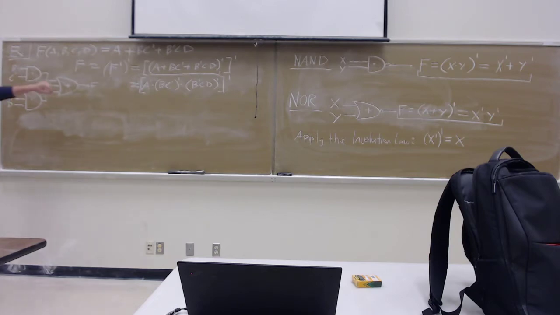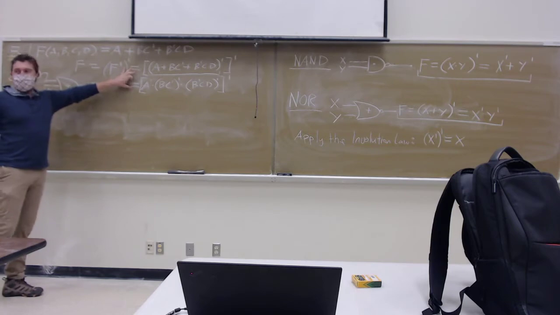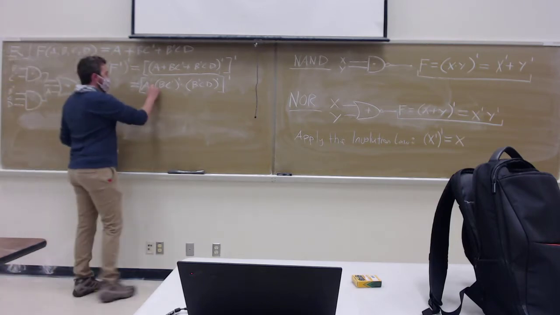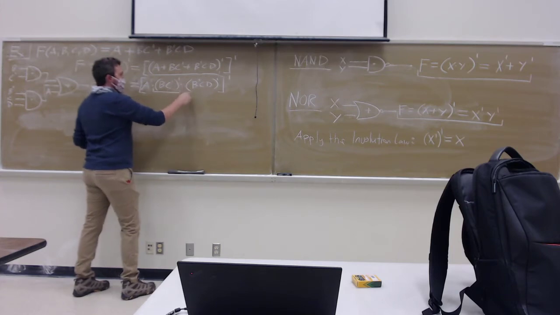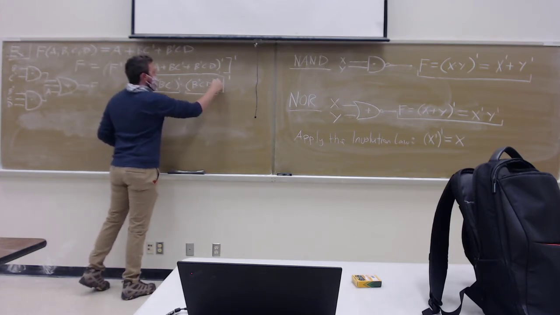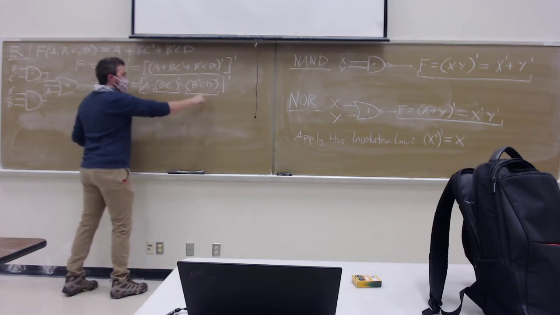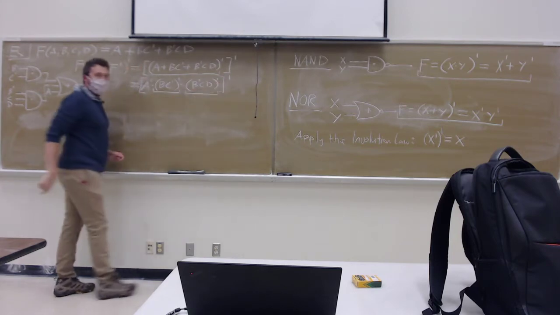Does anyone have any questions about how we got from here to here? All right, and then we're done. That's our NAND gates, right? Because we have an AND operation inverted, an AND operation inverted. Everything is ANDed together, and that's inverted.